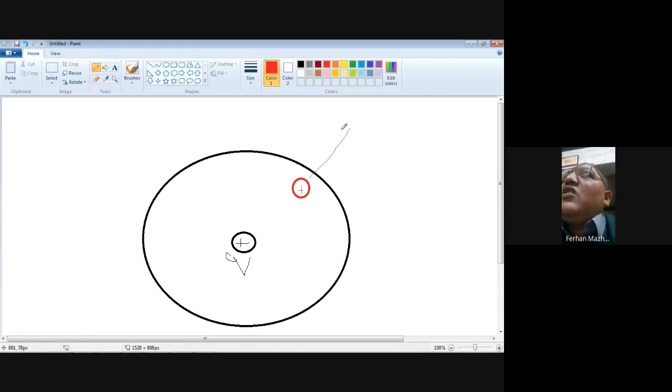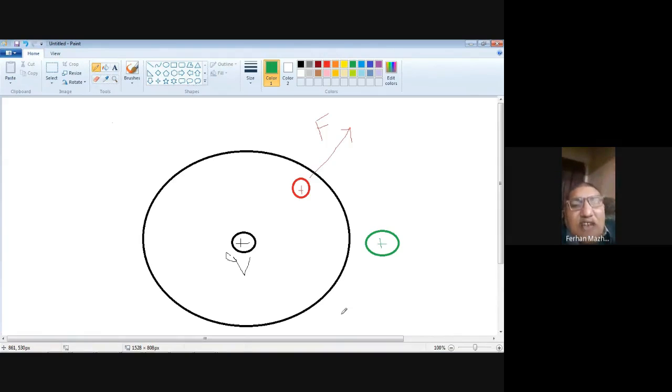So this will go in this direction. But if you put a charge outside that area, for example, outside this area, this charge will experience no force due to the Q charge.